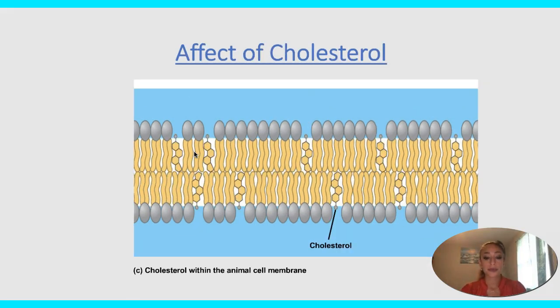What is the effect of the cholesterol that is embedded inside of the plasma membrane as well? The cholesterol allows for a stronger structure to be maintained with the plasma membrane itself. Without the cholesterol embedded in the plasma membrane, it wouldn't be as strong as it is with it.